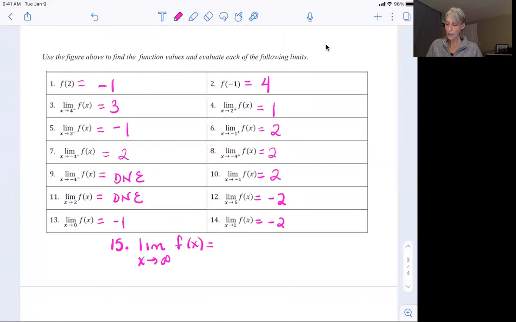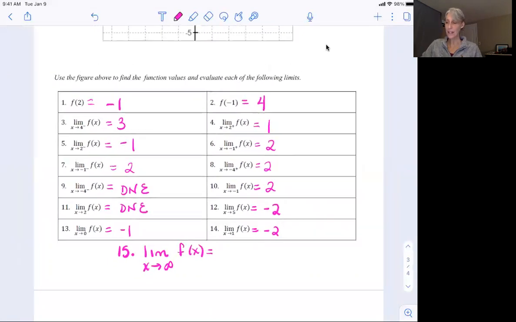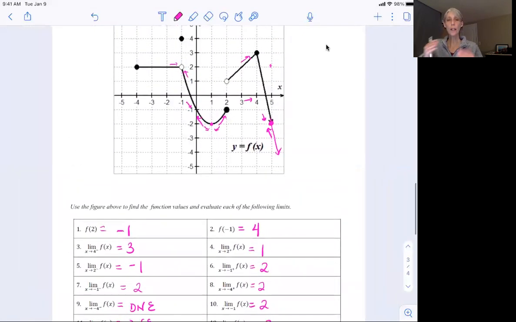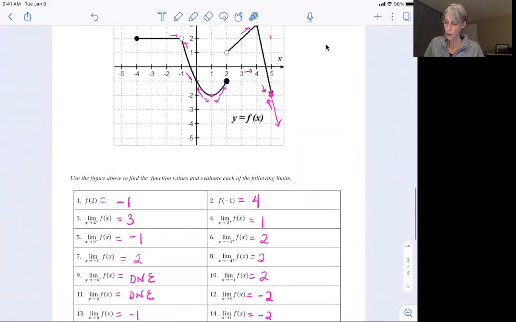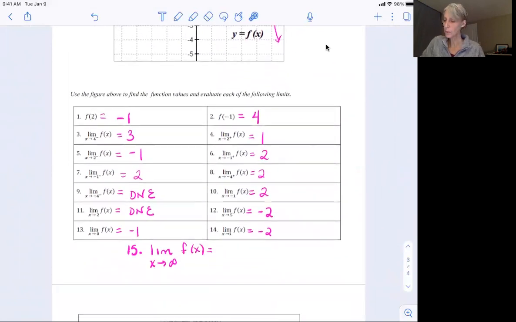But what's happening? What's the limit as x approaches infinity? Now, instead of looking at what's happening as I approach a number, I'm looking at what's happening to my graph as I plug in bigger and bigger numbers. What do you notice with this function? My y values are getting smaller and smaller. We could say that this limit does not exist because it's not a y value.